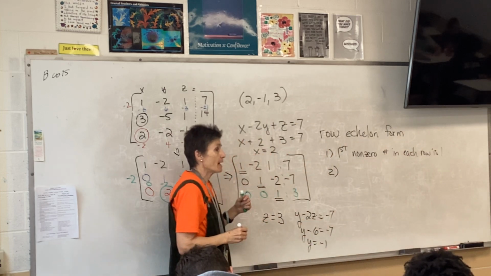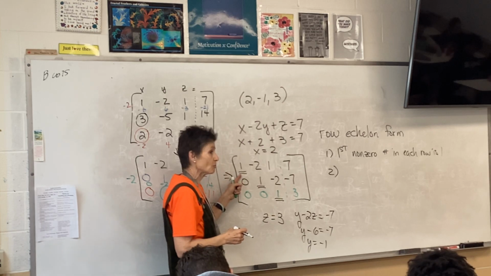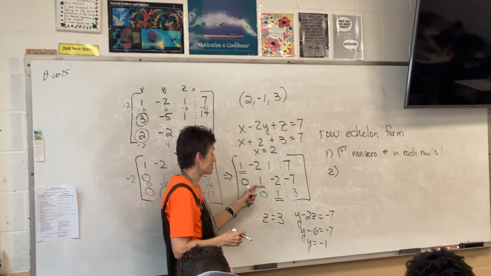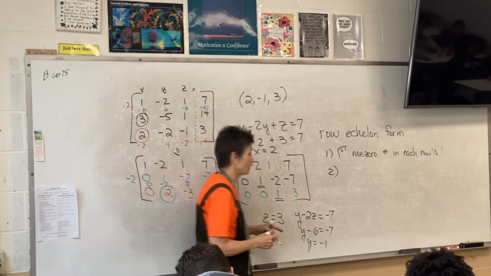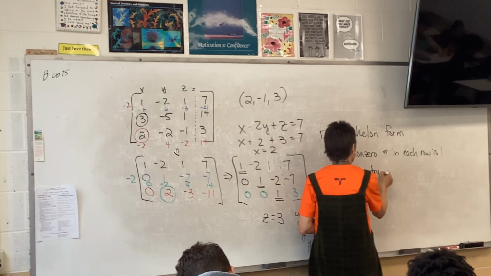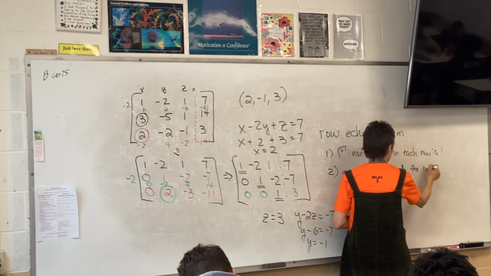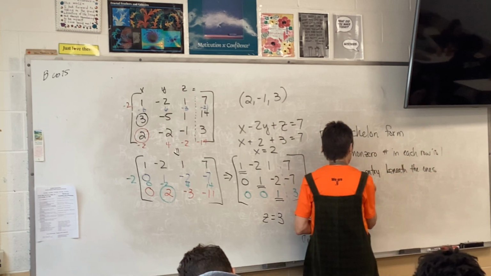And then every entry or every number beneath those ones has to be a what? A 0. So every entry beneath the ones is a 0.